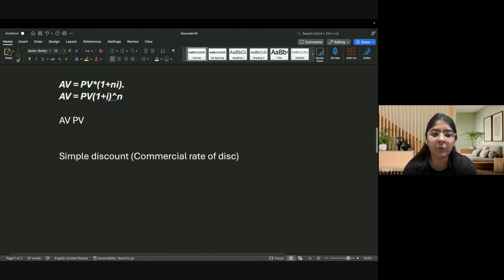In terms of these formulas, as we discussed, if you are using a discount, it means you are discounting your accumulated value to get to the present value. Now, what will be the formula to discount this using a simple discount rate, where D is the discount rate?